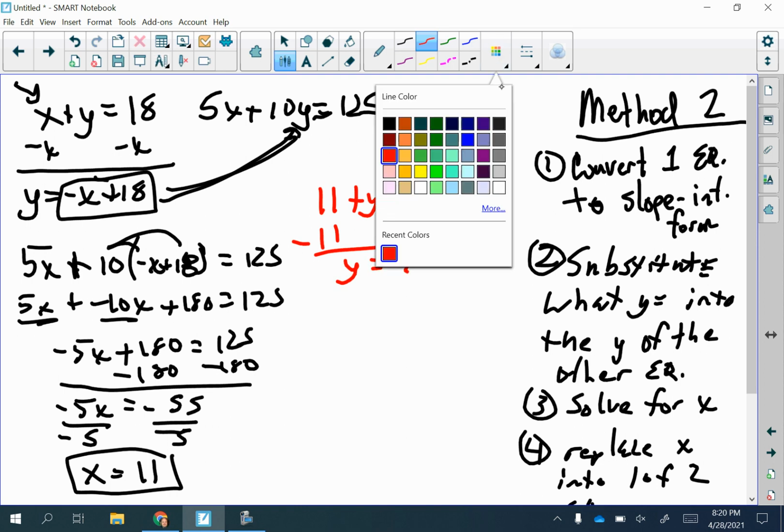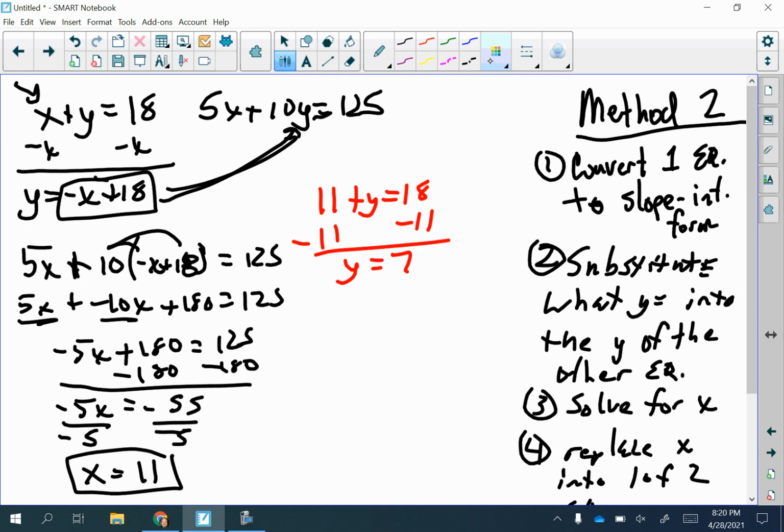All right, so now what we're going to do is use this equation right here, and we're going to plug both y and x into it and see if it checks. So you have 5x, which is 5 times 11, plus 10 times 7 equals 125.